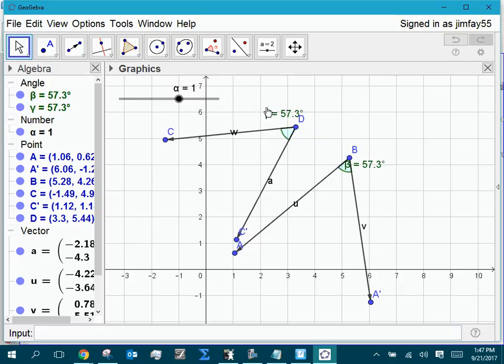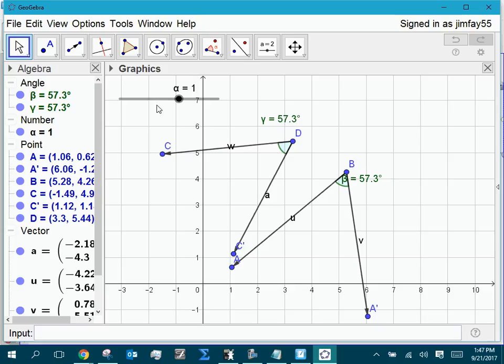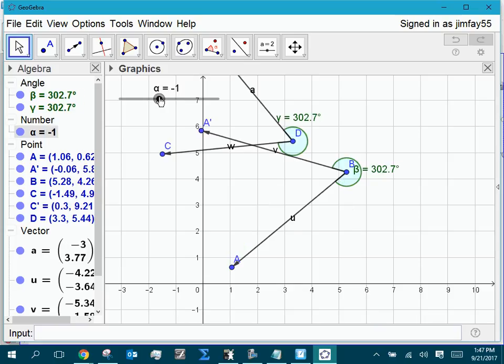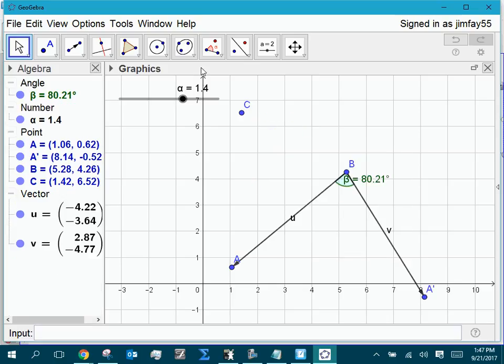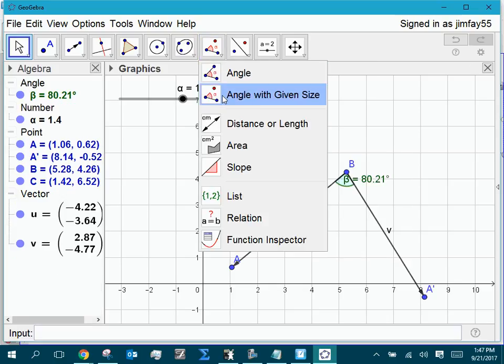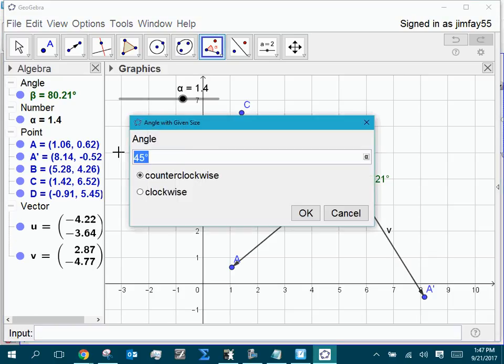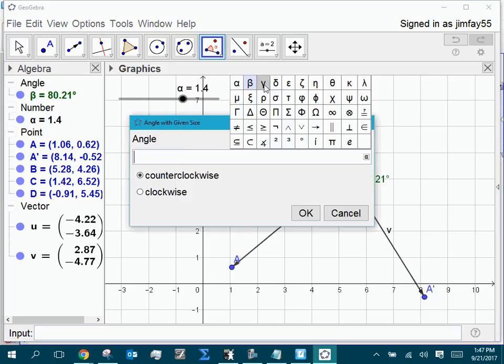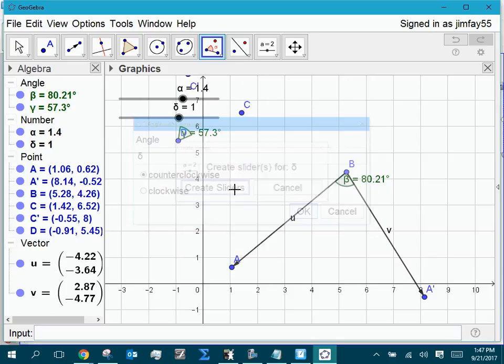So if I got these two angles, 57.3 and 57.3 again, well, that's not doing what I want to do. There we go.